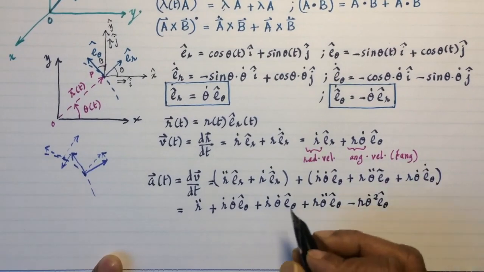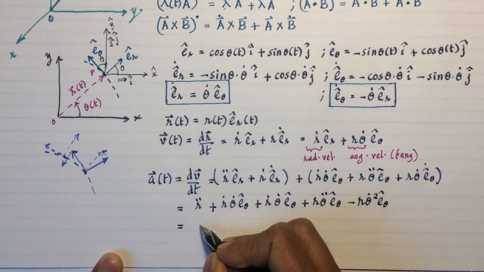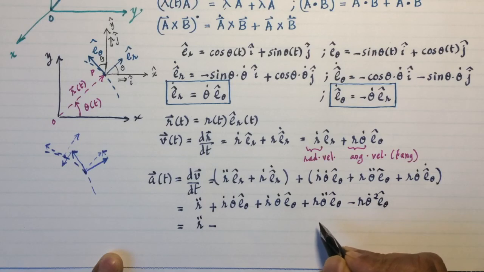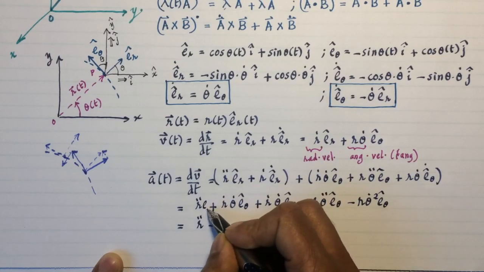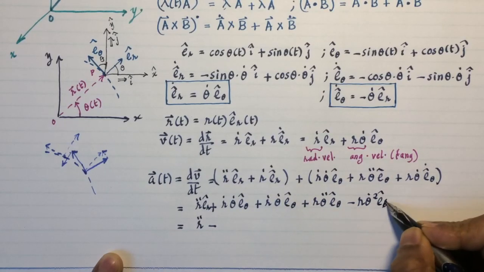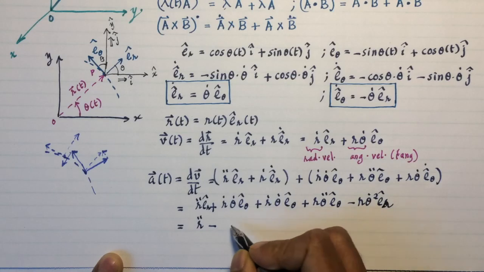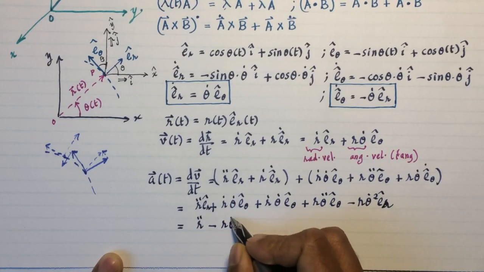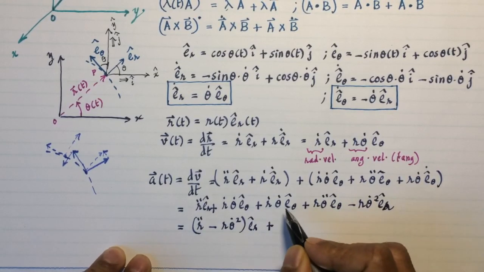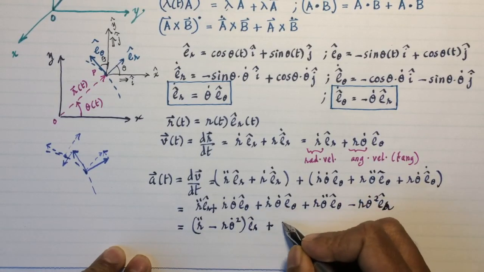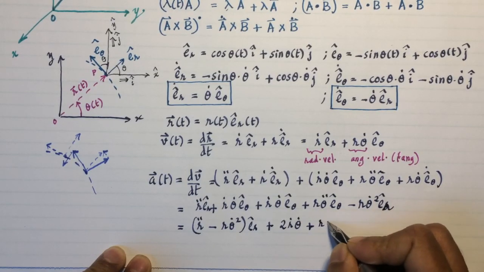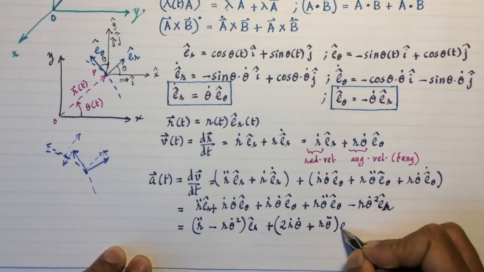Now I can club together the r terms and the theta terms. So r double dot minus r theta dot squared, times e_r, and then notice that this is 1 plus 1, so that's 2 r dot theta dot, plus this term here, r theta double dot, times e_theta.